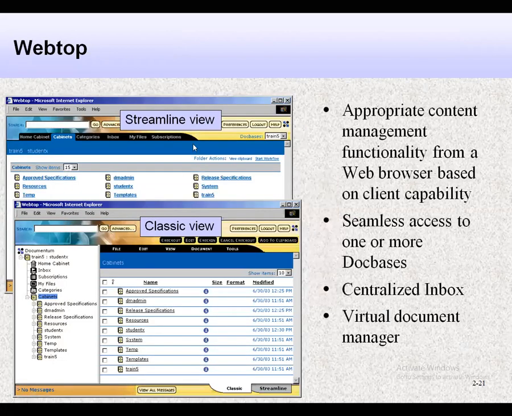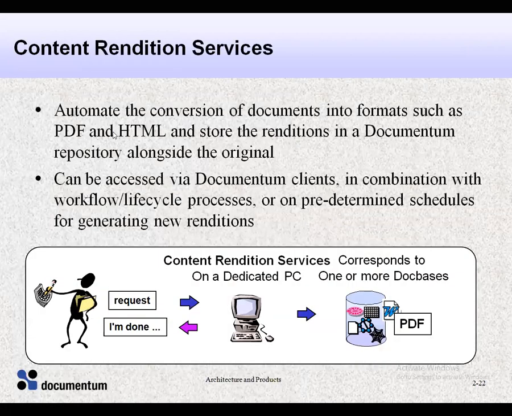So that's WebTop, how it looks like. Next we have Content Transformation Services, the content rendition services. It is an automated conversion of documents to PDF. A request goes to the server and the document automatically gets converted. It's an auto utility running on another server that picks a document, converts it and uploads it internally.